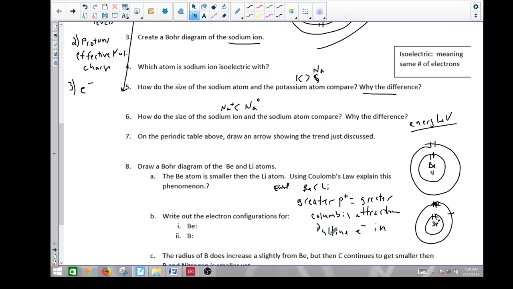This is another definition for effective nuclear charge. So whenever we're doing 2 or 3 here, we always want to reference Coulomb's law every time. All right.